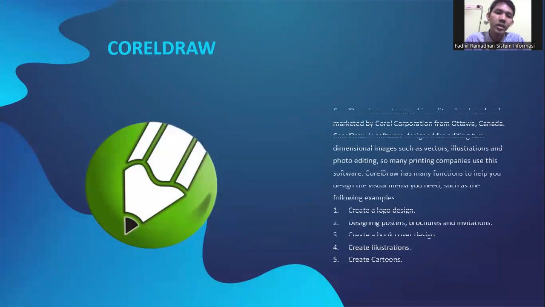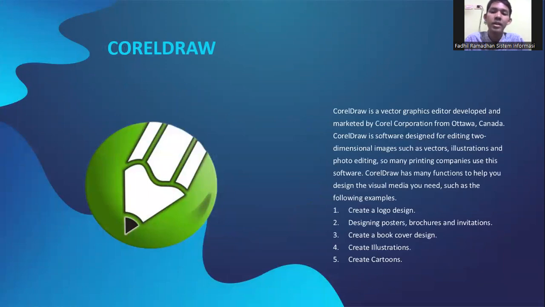Number two is CorelDRAW. CorelDRAW is a vector-graphic editor developed and marketed by Corel Corporation from Ottawa, Canada. CorelDRAW is software designed for editing two-dimensional images such as vectors, illustrations, and Photoshop editing.